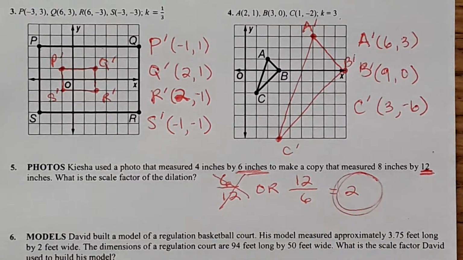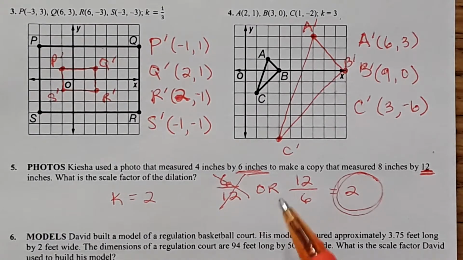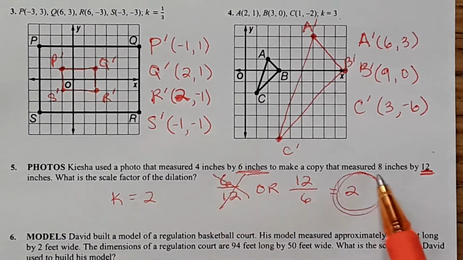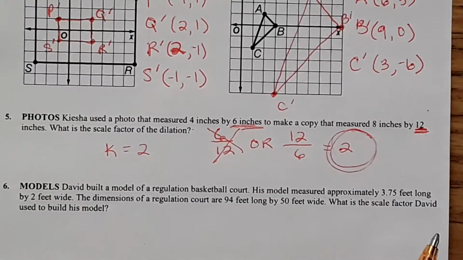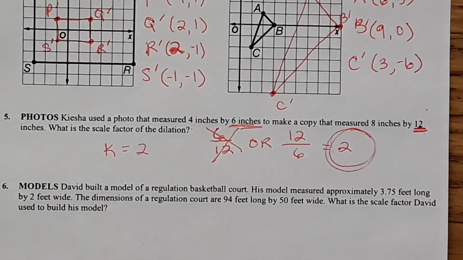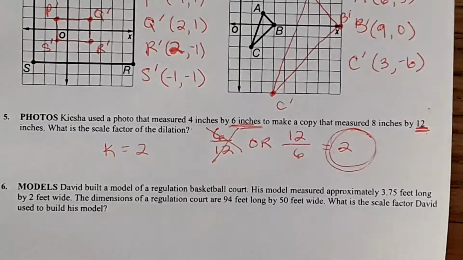This is the scale factor that we want. The scale factor is 2. It's getting twice as large. So that was easy to see with these numbers. 8 is twice as much as 4, and 12 is twice as much as 6. Go on, read number 6 and complete that one on your own, please.